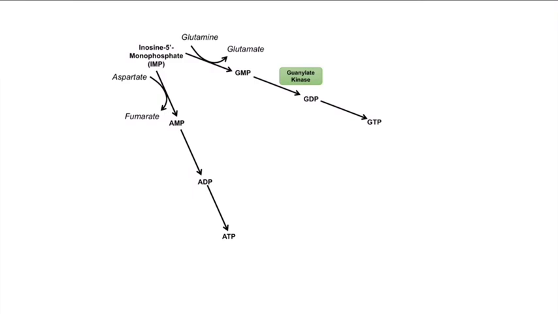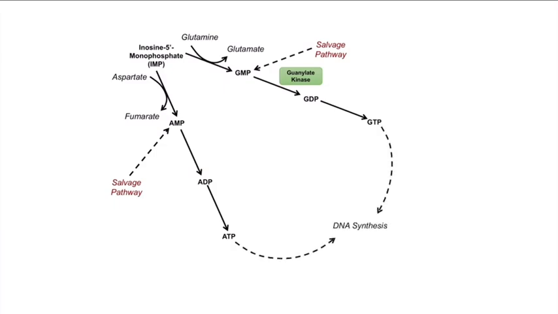Now, AMP and GMP can also come from a different source, the purine salvage pathway, and I'll talk to you guys about that in just a bit. But just remember that AMP and GMP can also come from a salvaging pathway. Once you have ATP and GTP, they can be processed in a couple of steps and utilized for DNA synthesis.